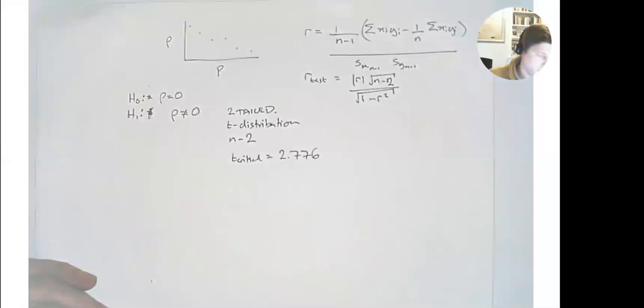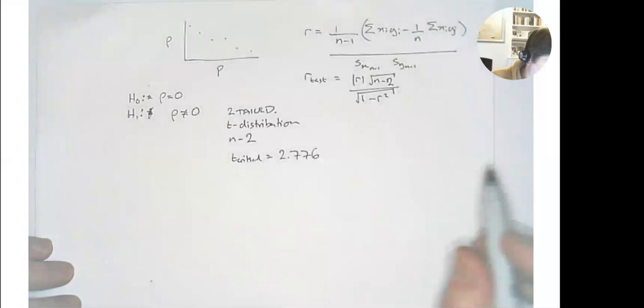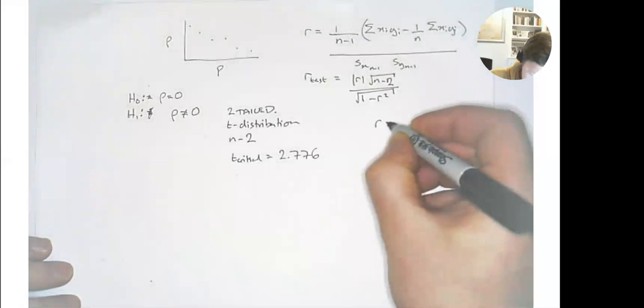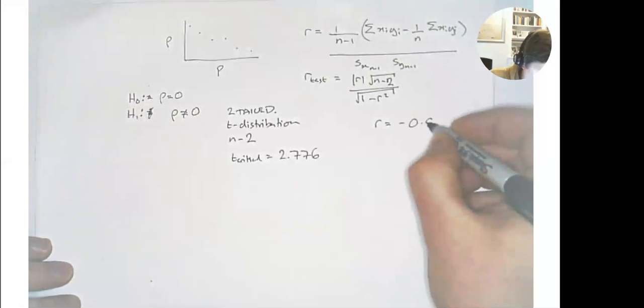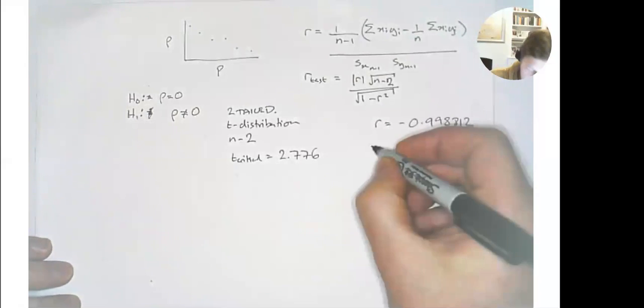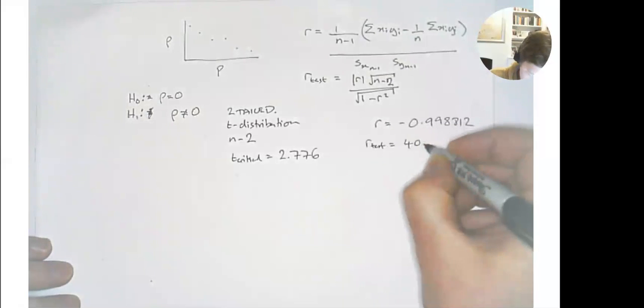So that's our test value. And if we work out our value for our test from the data, first of all, R is equal to minus 0.998812, something like that. And our test was equal to 40.99.